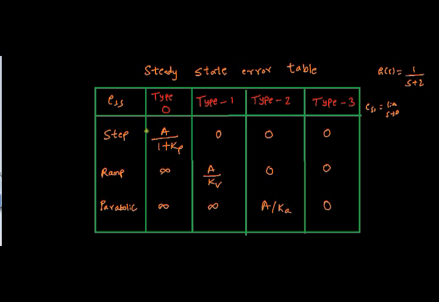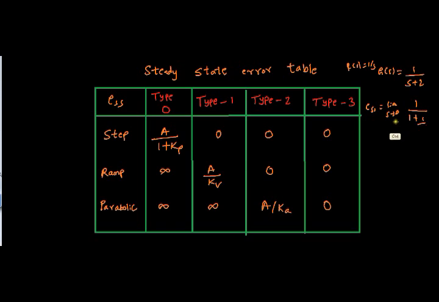For step input, R(s) is 1 by s. So this will become 1 upon 1 plus s plus 2. s tends to 0 means this will become 1 upon 1 plus 1 by 2, which is 0.5, so 1 upon 1.5. So this is a constant.